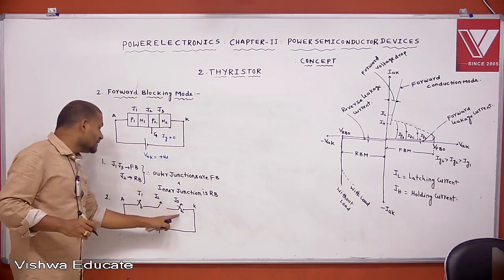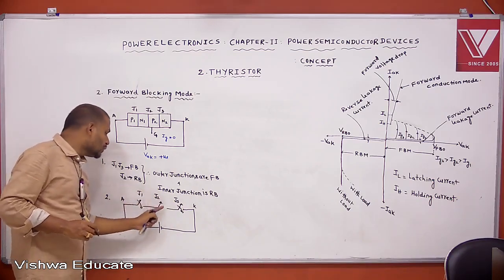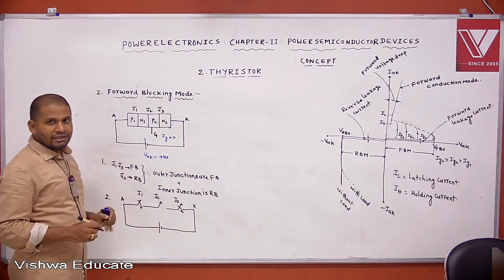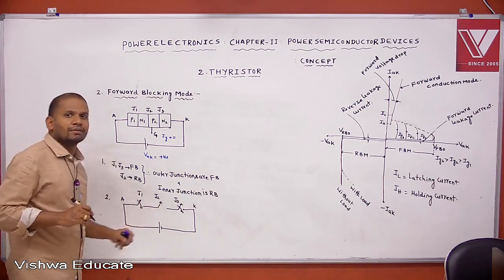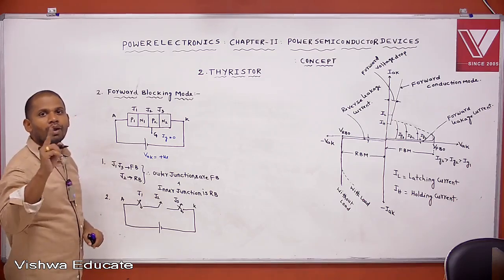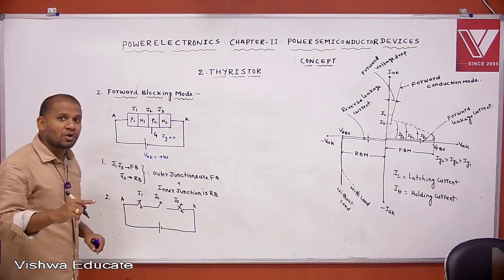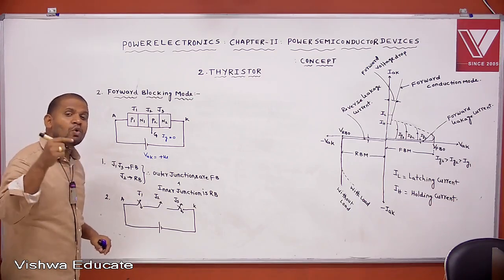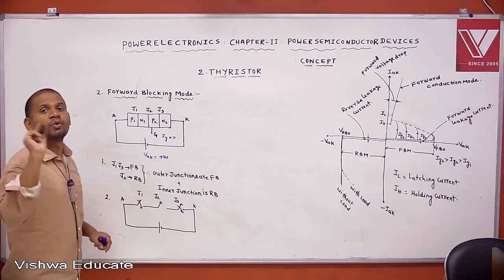Even though J1 and J3 are closed, J2 is still open. J2 being open means it is conducting or blocking? Blocking. That's why in forward blocking mode also the SCR acts as an open switch. Hence it also blocks forward voltage.